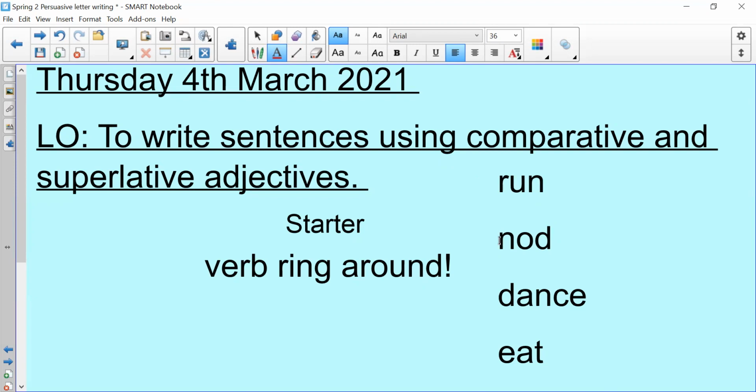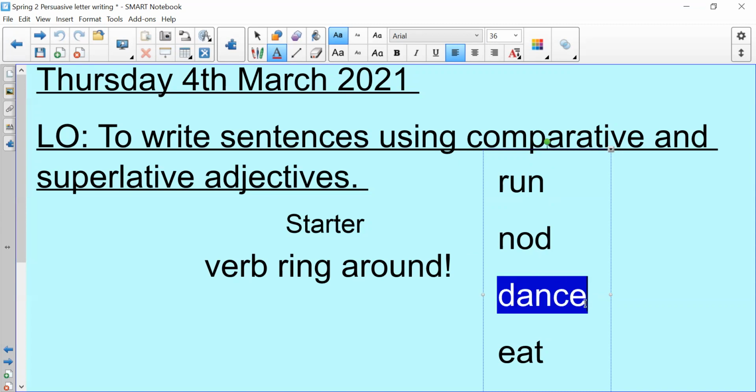And then after that, you start your next one with the last letter of the previous word, okay? So run ends with an N, and then I had to think of a verb beginning with an N for the next one. So I just thought of nod, and then nod ends with a D. Dance was the first verb that came into my head.